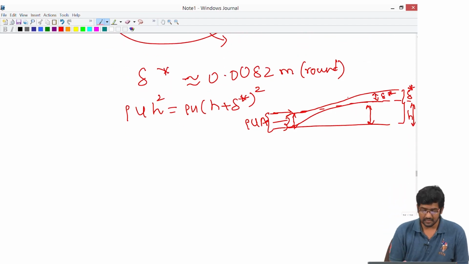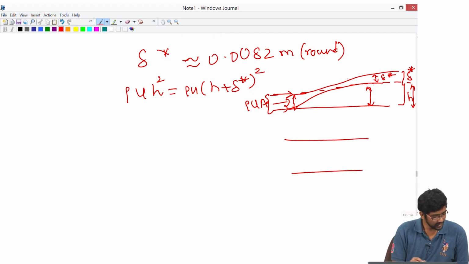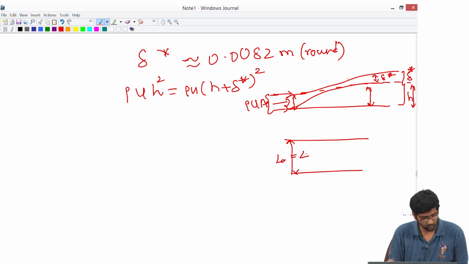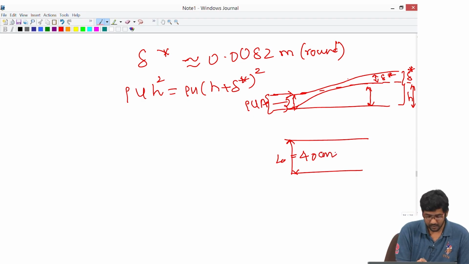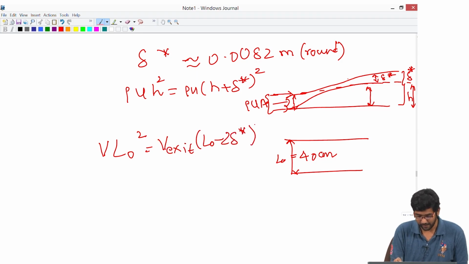Now, if we use the same concept for the given geometry, which is a channel, they have given the dimensions of the channel. This is a 2D channel and they have given it around 40 centimeters. So, here what we get is V into L naught square equals V exit, which is an unknown, into L naught minus 2 delta star whole square.